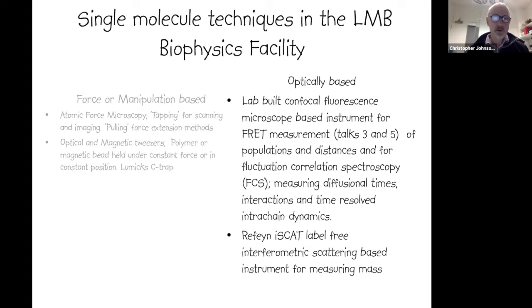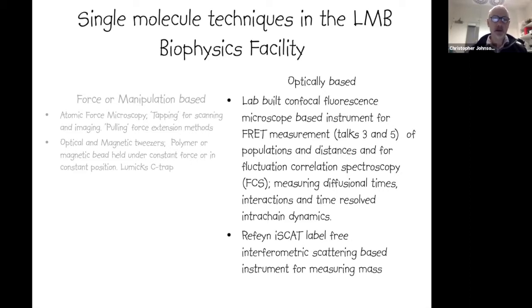We're also in the biophysics facility very interested in optical and magnetic tweezers. We don't have that instrumentation, but we're trying to develop a case for having that technology within the LMB.